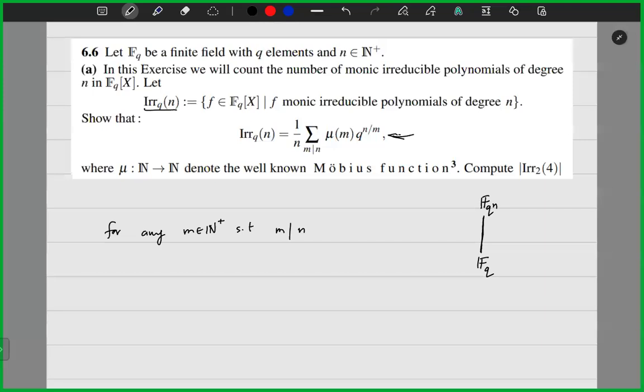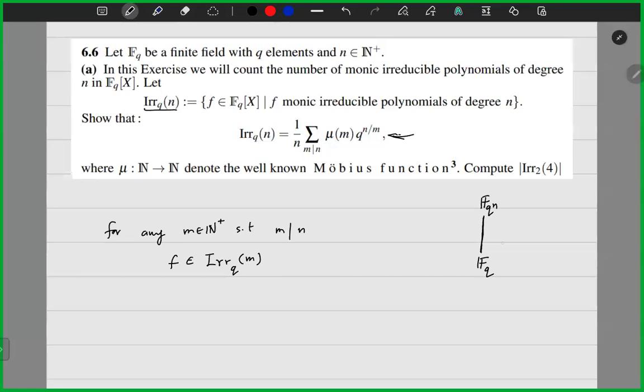And monic irreducible polynomials f of degree m, this gives us a field.